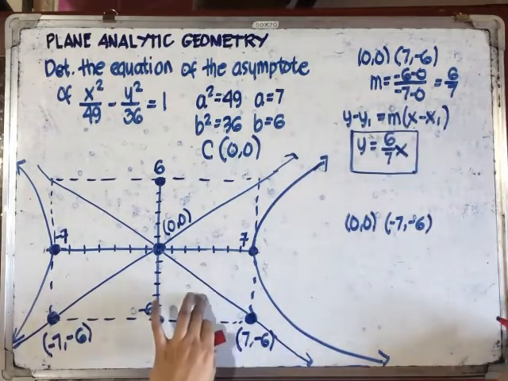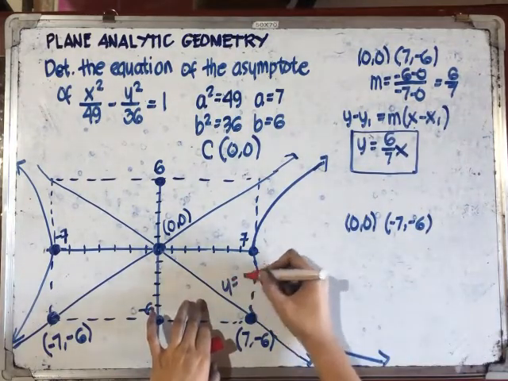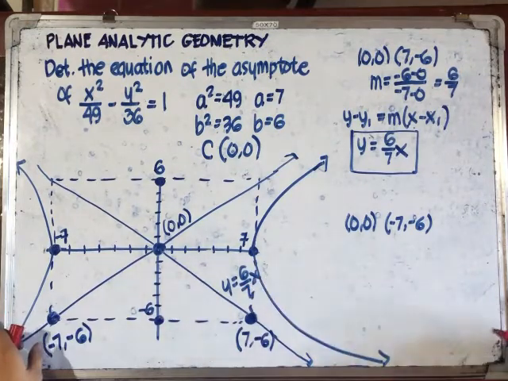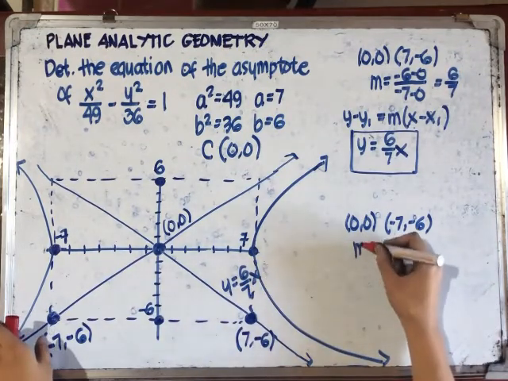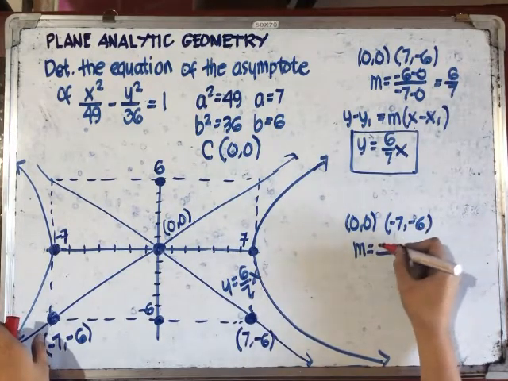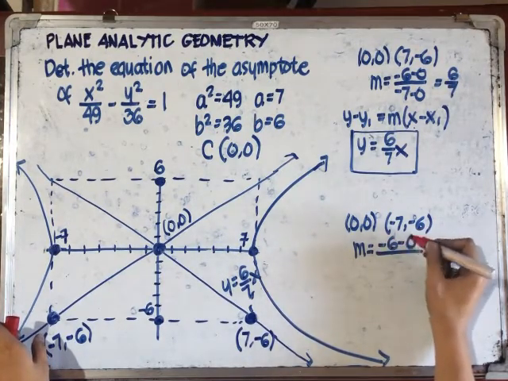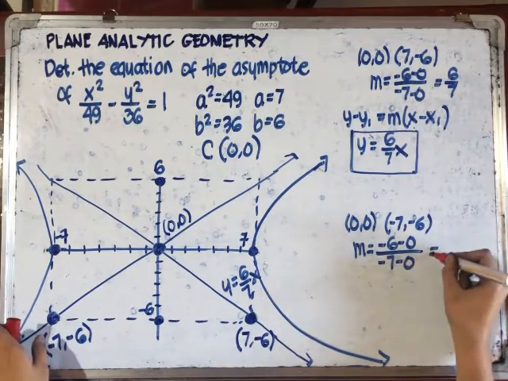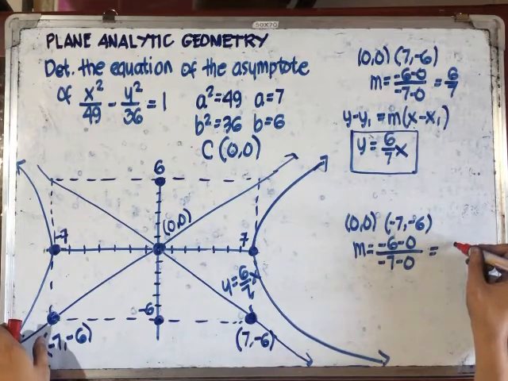Ito yung asymptote na yan. Y is equal to 6/7x. For the other asymptote naman, we need to recompute for the slope. Slope is y sub 2, -6 minus y sub 1 over x sub 2 minus x sub 1.